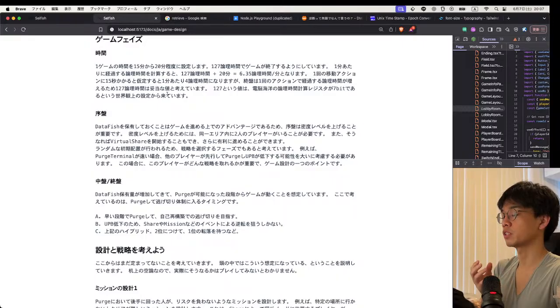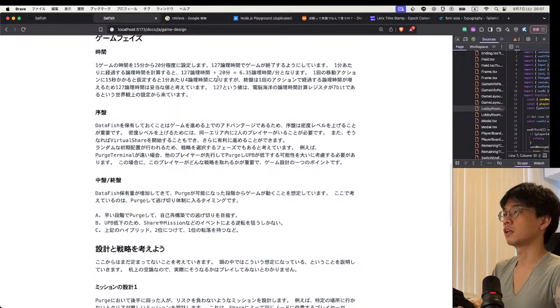The game duration is set to 15 or 20 minutes, about 20 minutes, and there is a concept of time called logical time, and the game ends when 127 logical time has passed.